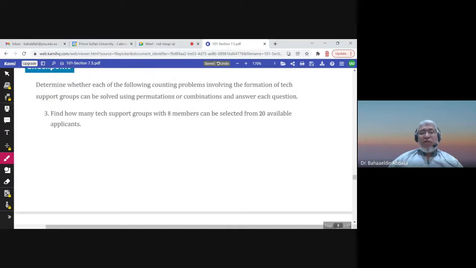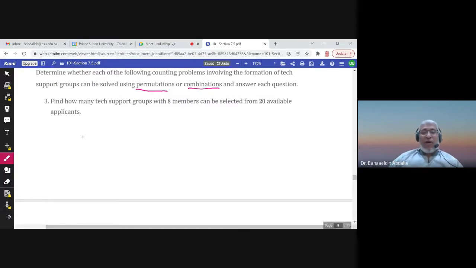Determine whether each of the following counting problems involving the formation of support groups can be solved using permutations or combinations. Find how many support groups with 8 members can be selected from 20 available applicants. 20 are available.